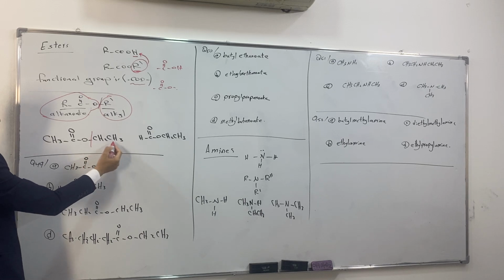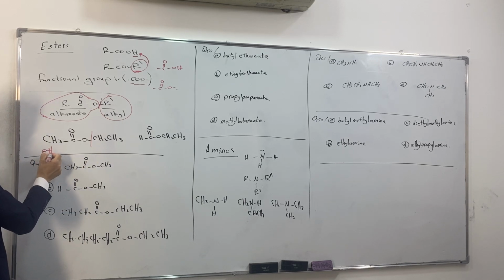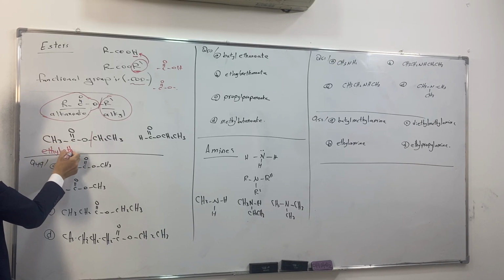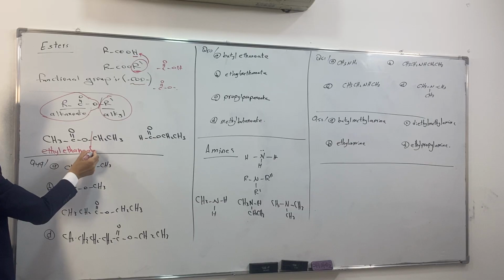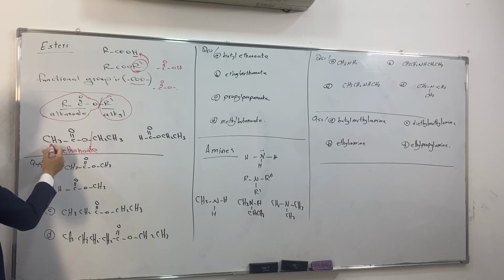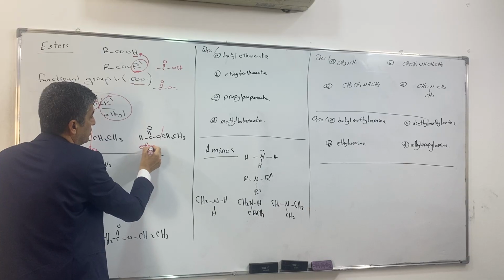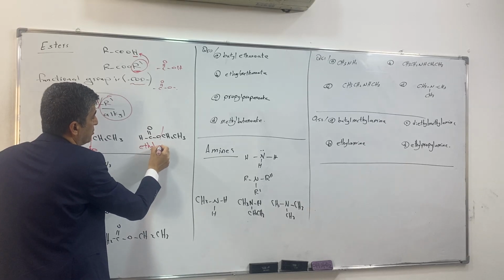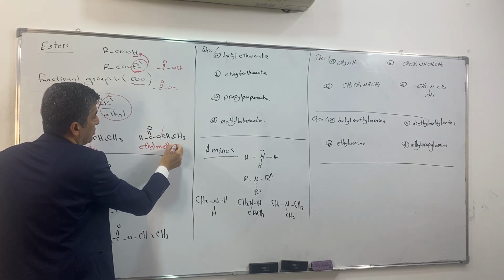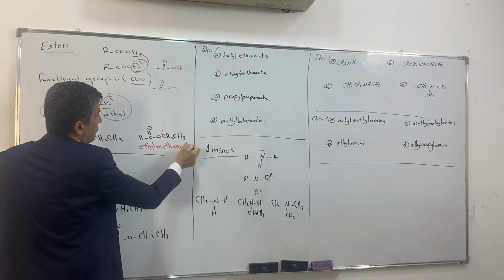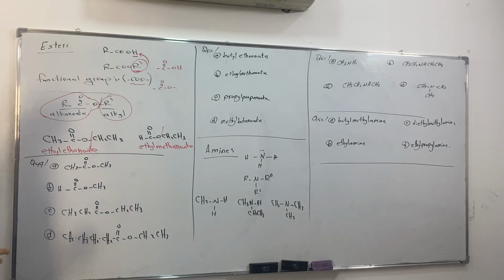Here we have ethyl, and here we have ethane. We can say ethanoate. Its name will be ethyl ethanoate, but this compound will be ethyl methanoate. Why methanoate? Because we have one carbon atom in the chain.